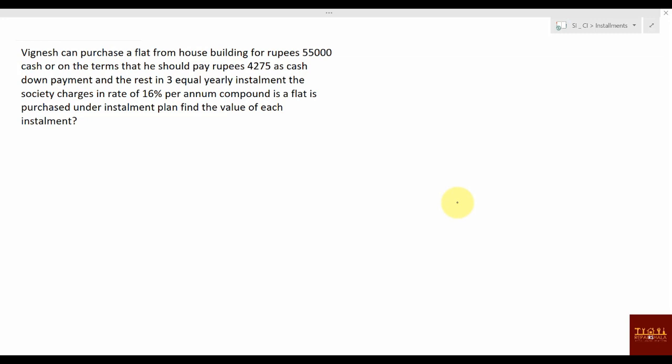Check this one. Cash down payment. Okay. So in cash down, how much cash down payment is coming? You can say it is 4275. Now, the principal on which you will have interest, will it be 55,000?